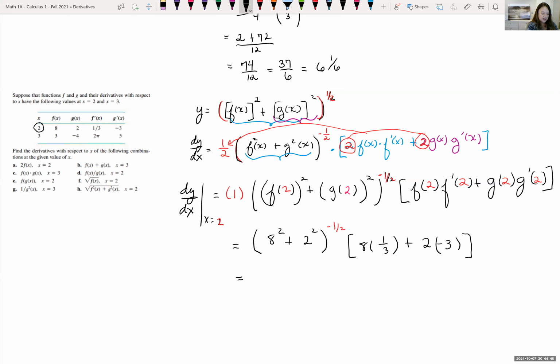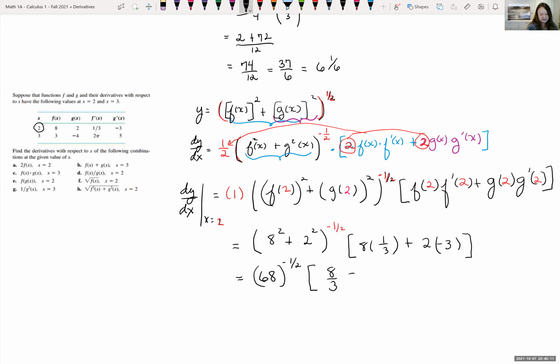So 8 squared is 64. 64 plus 2 squared, which is 4, is 68. Raised to the negative 1/2 power. All times 8 times 1/3. So that's 8/3 minus 6. I want a common denominator.